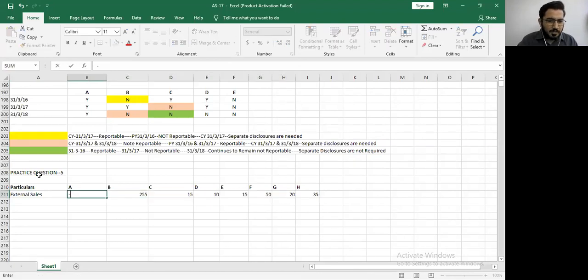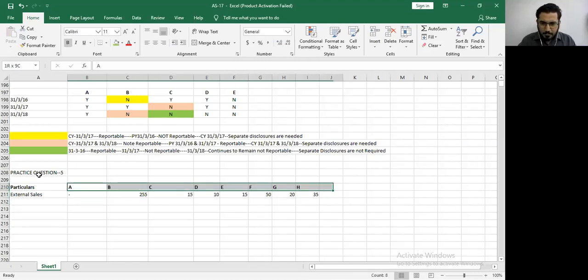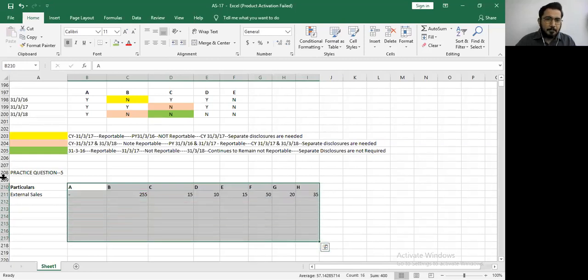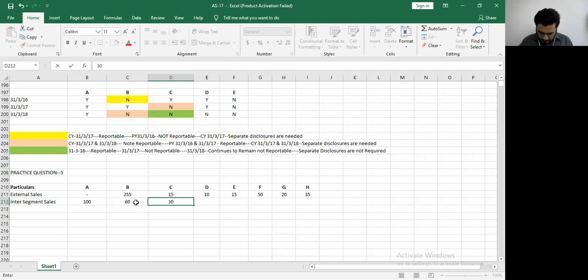External sales for the first one is nil. Come to inter-segment sales. Inter-segment sales is 100, 60, 30, 5, then you have nil, again you have nil, 5, and then you have nil.